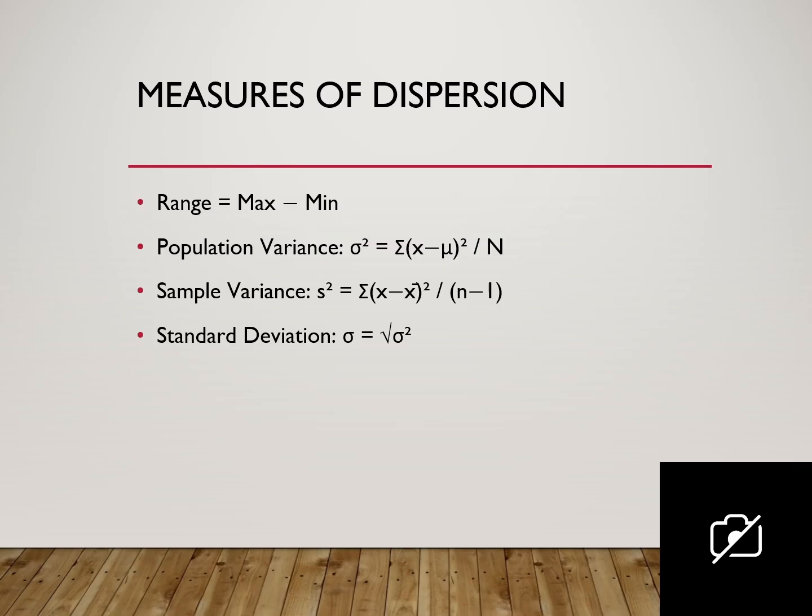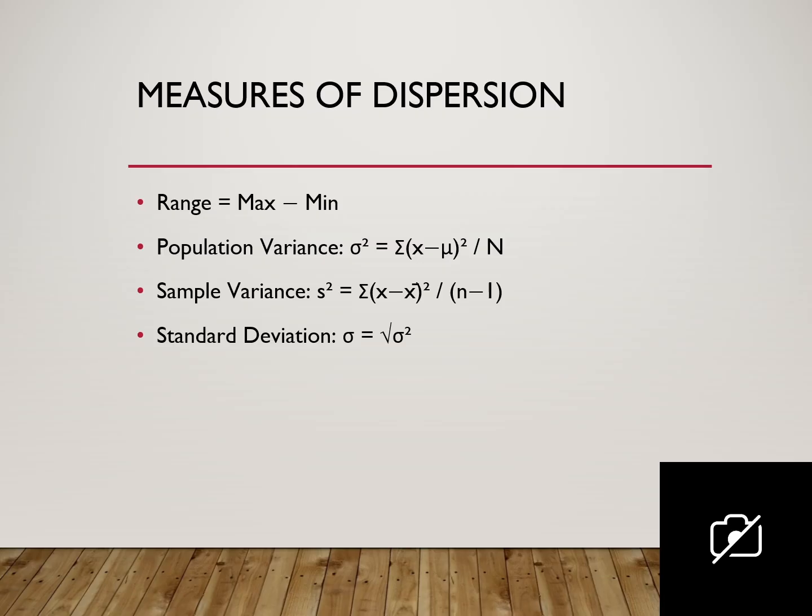Variance. Variance measures the average squared deviation from the mean. The population variance formula is sigma squared equals summation of x minus mu, the whole squared, divided by n. The sample variance formula is s squared equals summation of x minus x bar, the whole squared, divided by n minus 1.